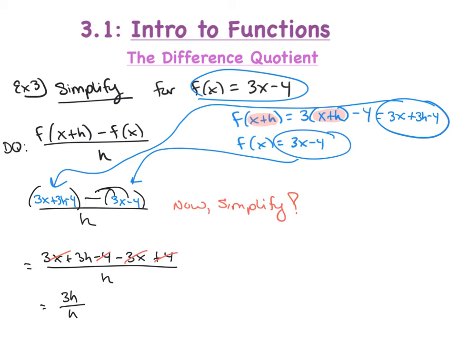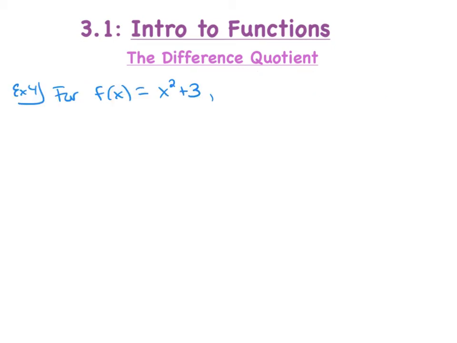Cool. And those h's cancel. Okay. Difference quotient for this is 3. Cool. Now, I haven't told you what the difference quotient finds you, but we've certainly been able to simplify this one. Let's try 2 more examples for the difference quotient.